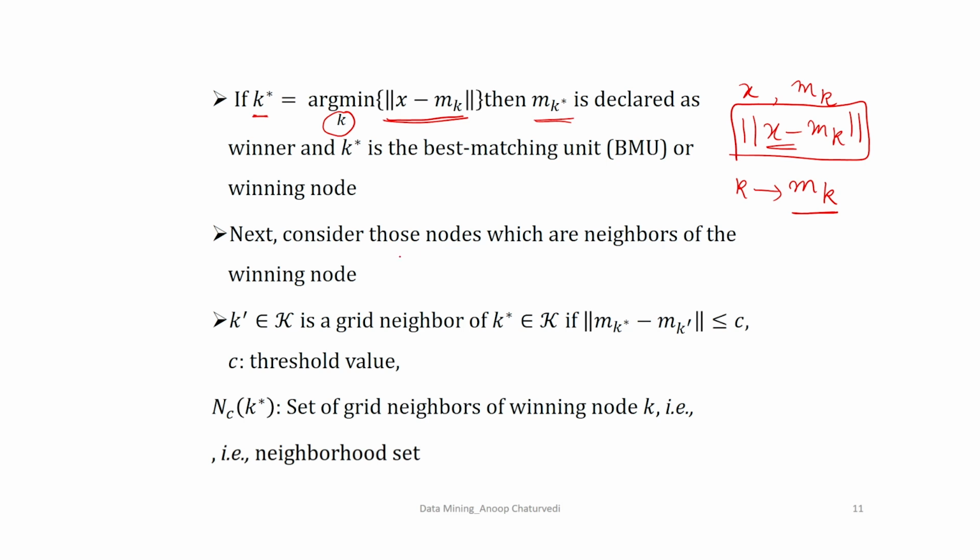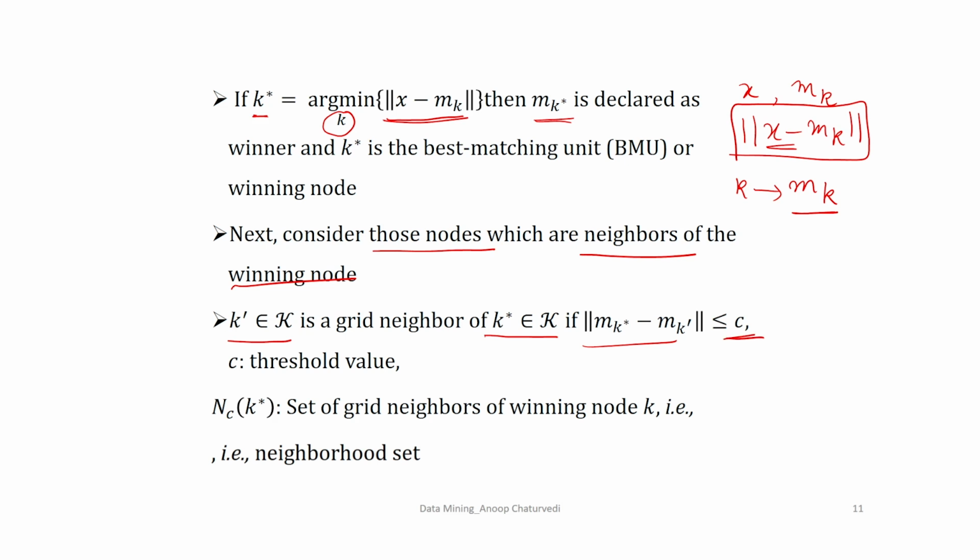Next, we consider those nodes which are neighbors of the winning node. So, now we move to the neighbors of the winning node, and k dash belonging to K is a grid neighbor of k star belonging to K if norm of mk star minus mk dash is less than or equal to c.